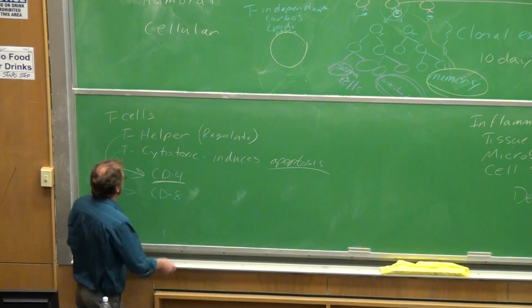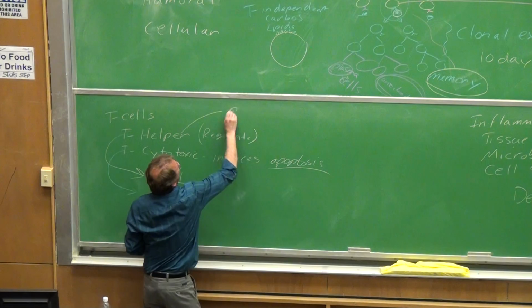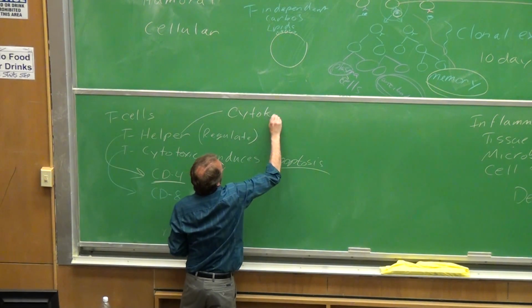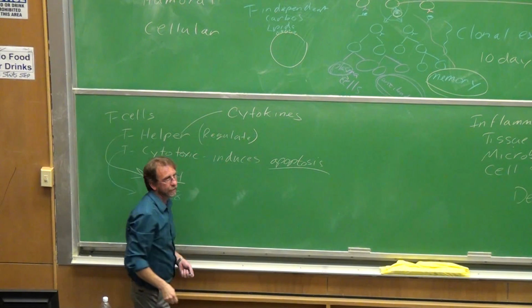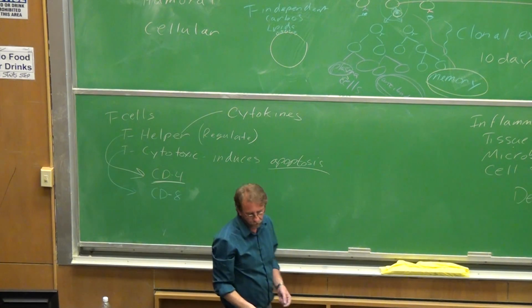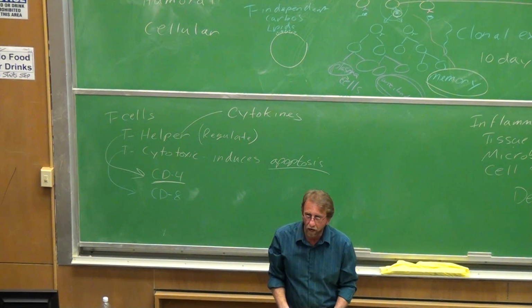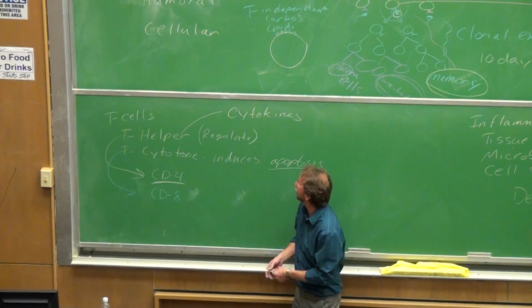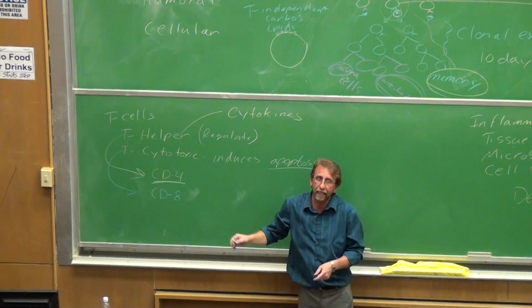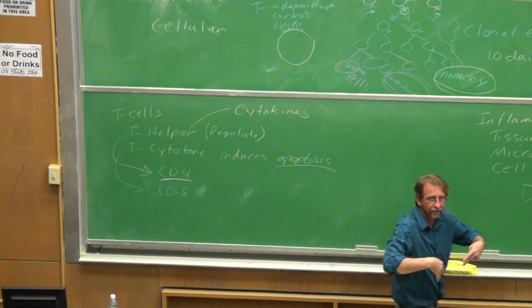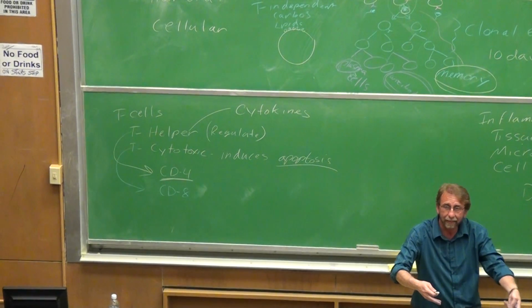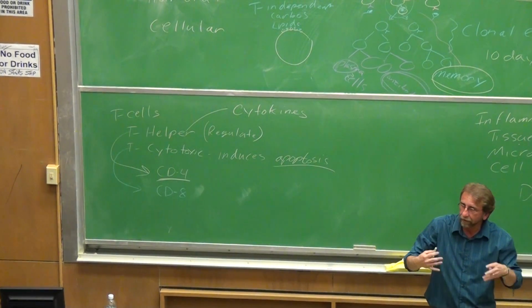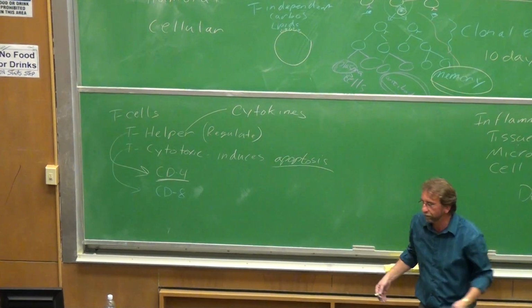Our T helper cells release a whole host of different cytokines. Some of those cause the proliferation of B cells, some of them cause the proliferation of T cells. So some of the cytokines the T cells release can feed back to the T cell and cause the T cell to reproduce.